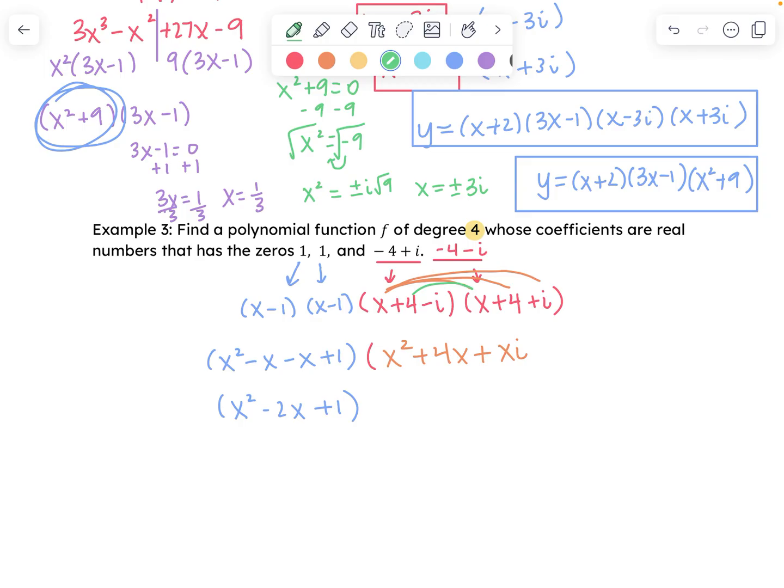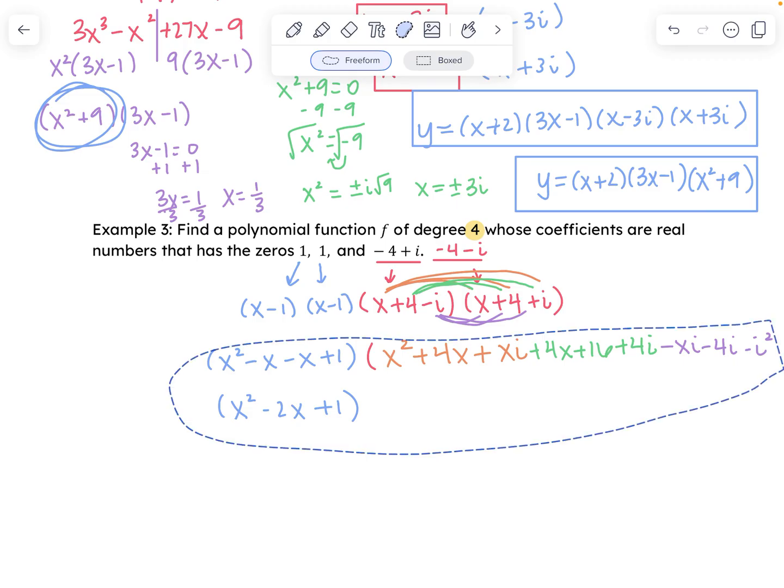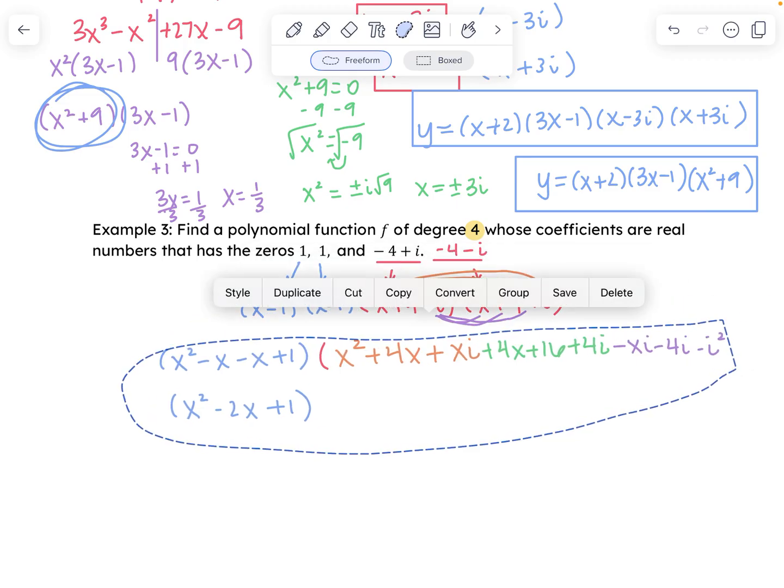So 4 times x is 4x. 4 times 4 is 16. And 4 times i is 4i. And then I'm going to do the negative i. So negative i times x, I'm going to write it as minus xi. Negative i times 4 is minus 4i. And then negative i squared. I'm going to scoot everything over a little bit.